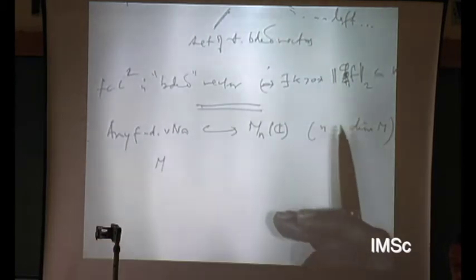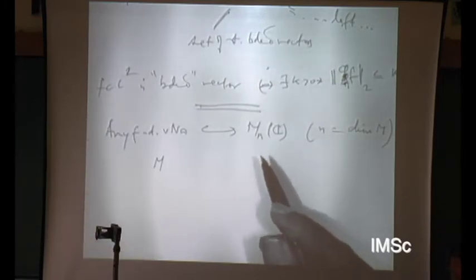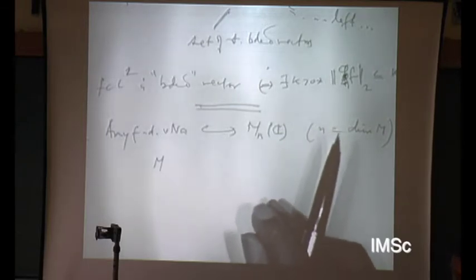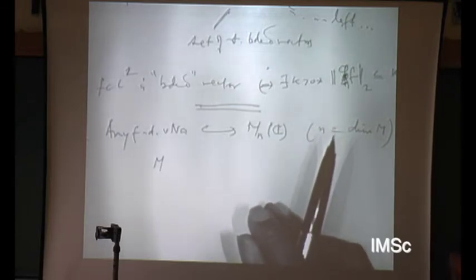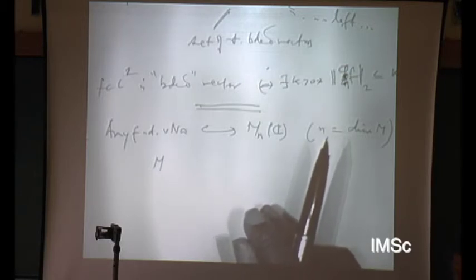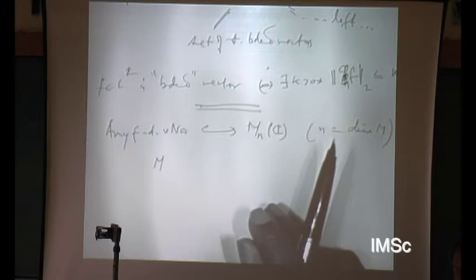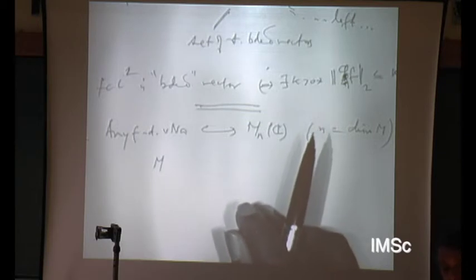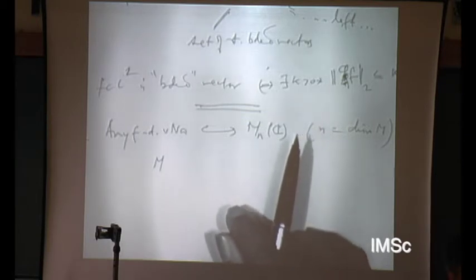So you take any state on M. M is a C-star algebra, a finite dimensional C-star algebra, so it does have states. Why does a finite dimensional von Neumann algebra have states? I guess I haven't yet proved this.